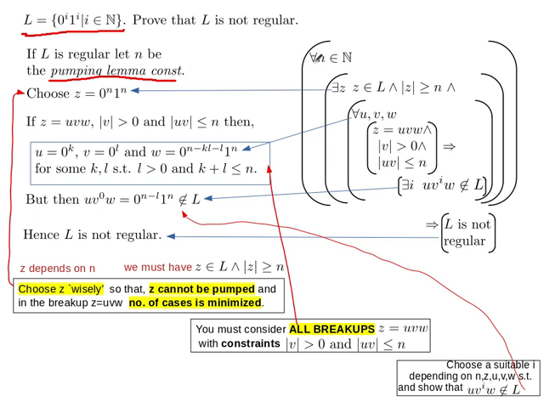So this we can write in a proof by contradiction form. The first statement will be, let N be the pumping lemma constant, and N is a general variable, right?